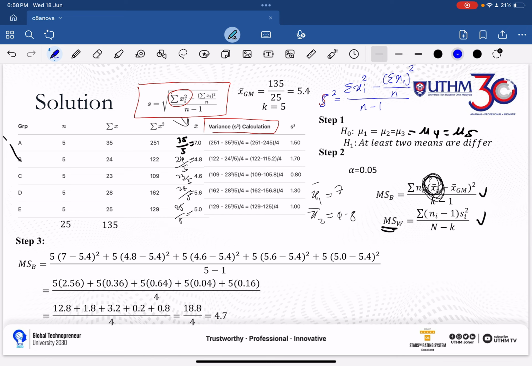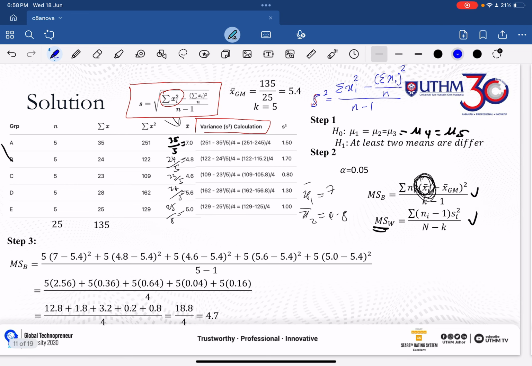Okay, so variance, for example, for group A, we have summation of x squared is 251. Substitute into the equation here.